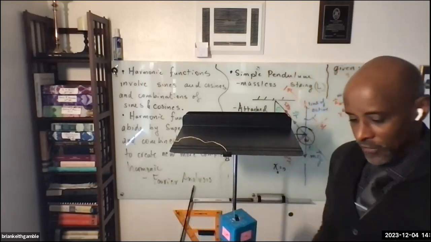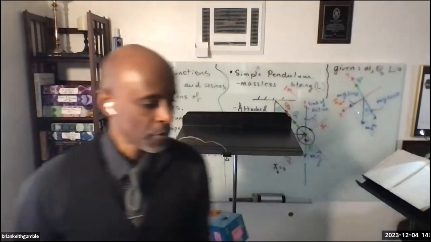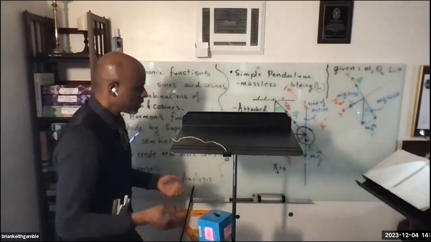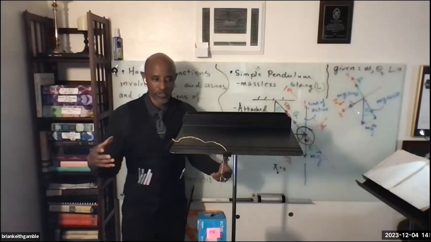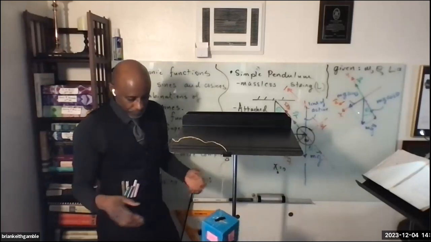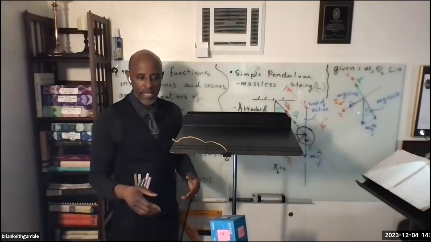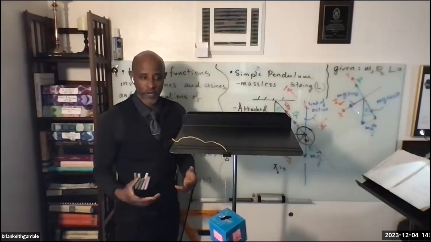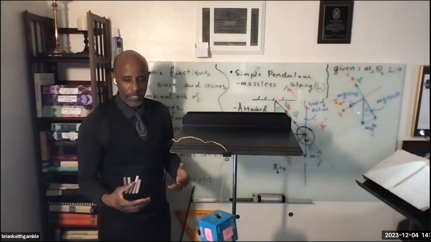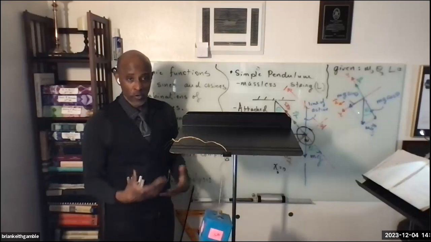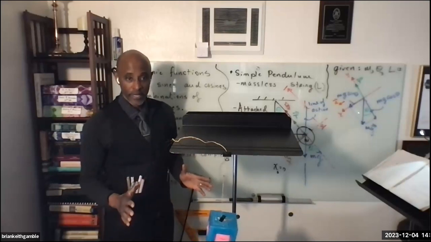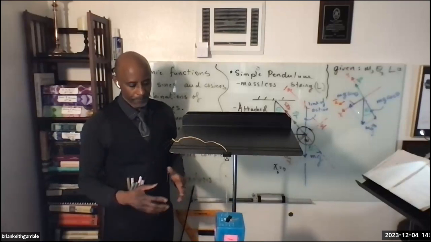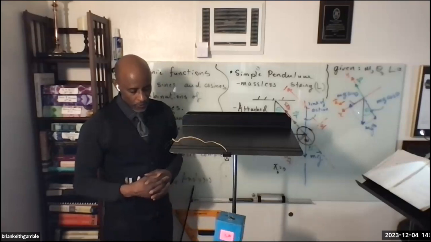That's a characteristic of all oscillatory motion, whether it's a simple pendulum, a mass on a string, anything. Any oscillatory motion has that characteristic, and harmonic functions are really convenient functions whose mathematical properties help to describe those physical properties exactly and consistently.